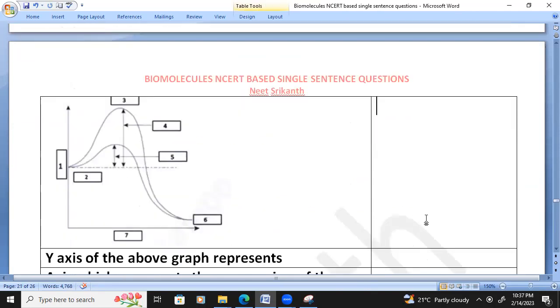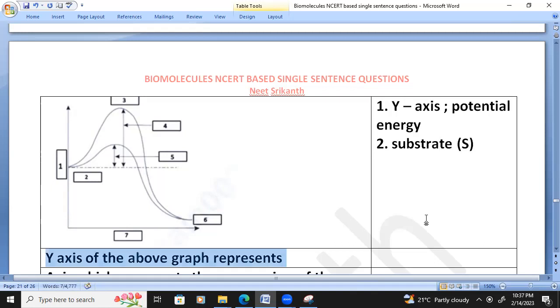In the given diagram, number 1 is the y-axis, that is potential energy. Number 2 is substrate. Number 3, transition state.